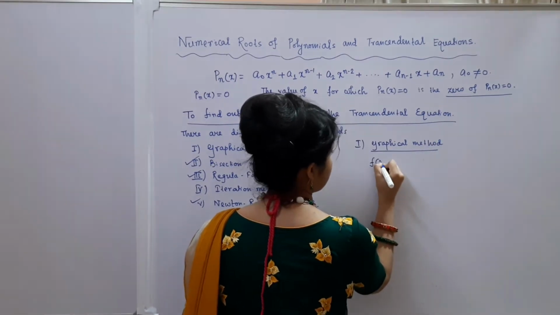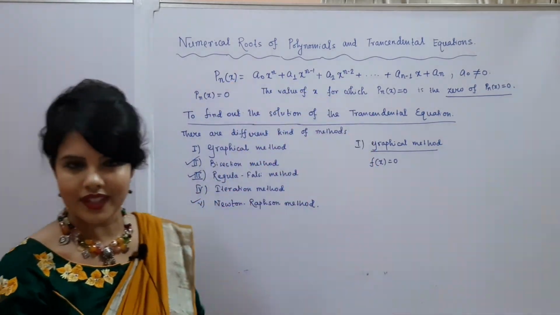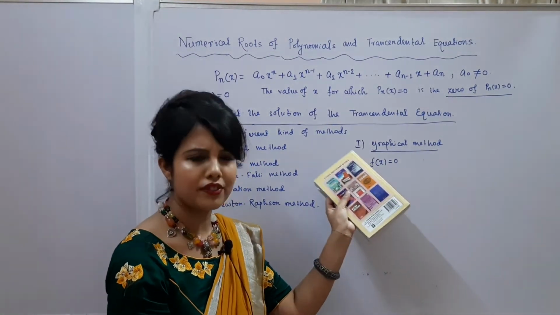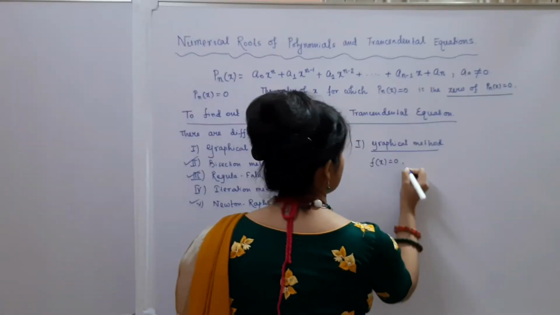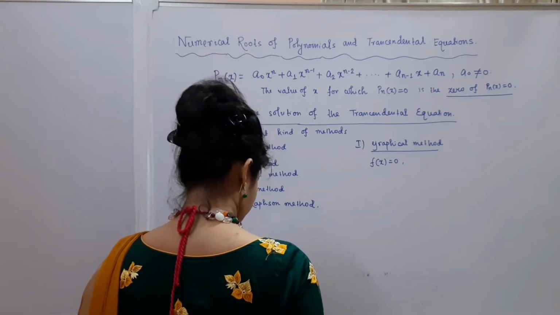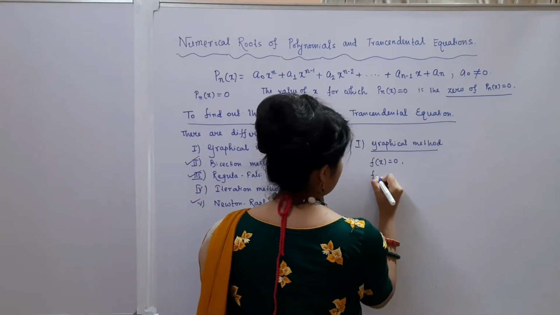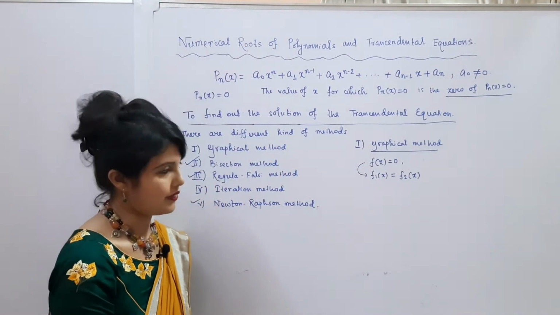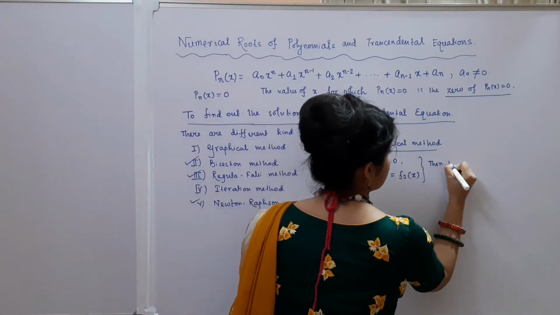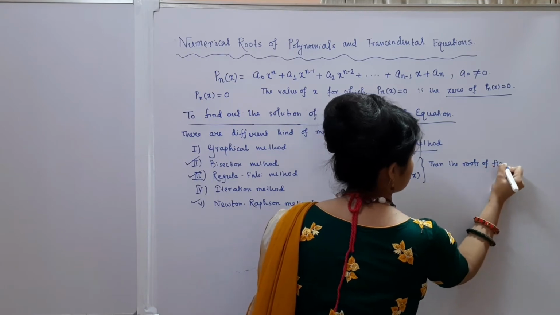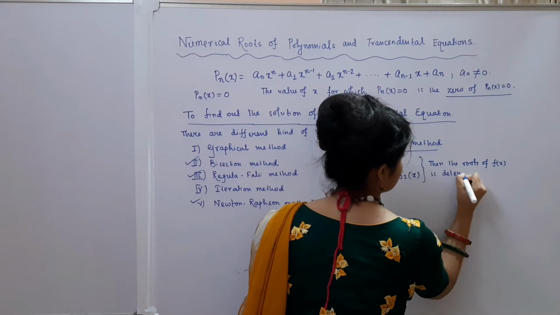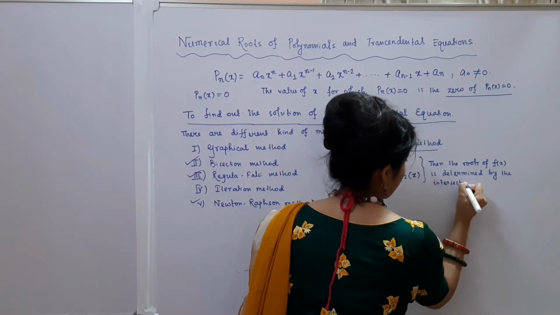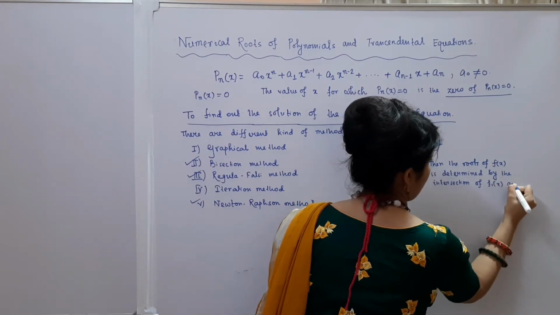That is, if we consider the function, suppose f(x) = 0, because it is obviously a function of x, you can write f(x) in place of P_n(x). This f(x) can be written as f1(x) = f2(x), and then the roots of f(x) are determined by the intersection of f1(x) and f2(x).